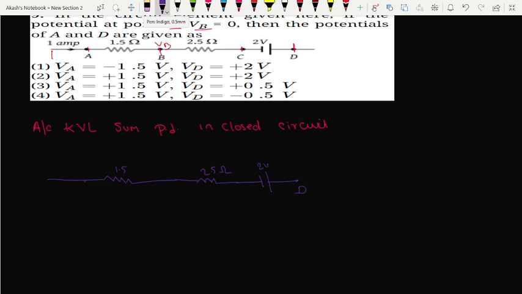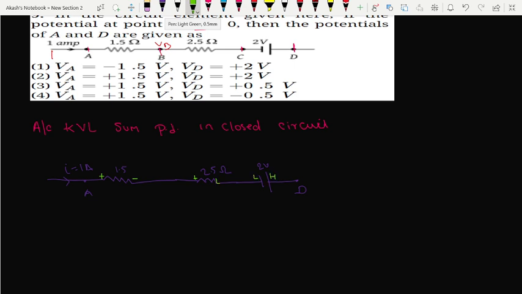This is point A. Current I equal to 1 ampere is flowing in the given figure. Here plus and minus, because this is at higher potential and this will be at lower potential. Here higher potential, here lower potential.